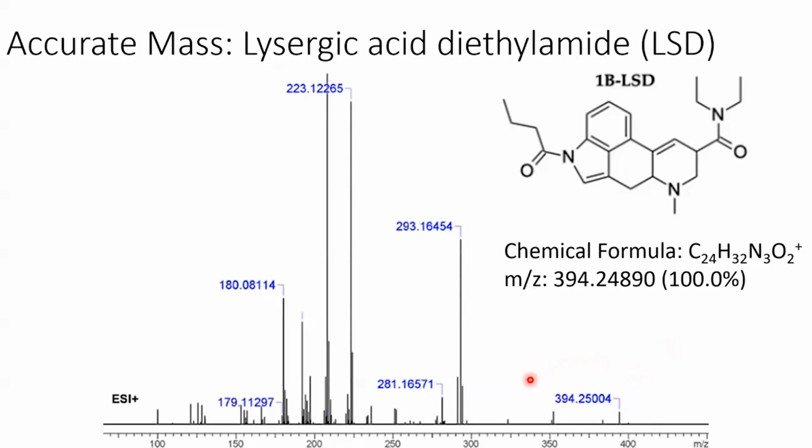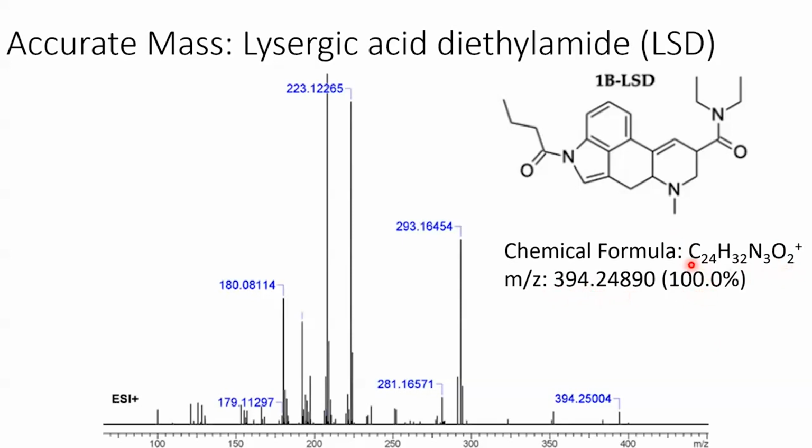And when we have this degree of accuracy in terms of measuring our mass to charge species or our fragments, one thing we can actually do is match these mass to charge ratios to what we expect for a specific chemical formula. So now we can't really change around the different numbers or types of atoms that we see and give a combination number of 394.